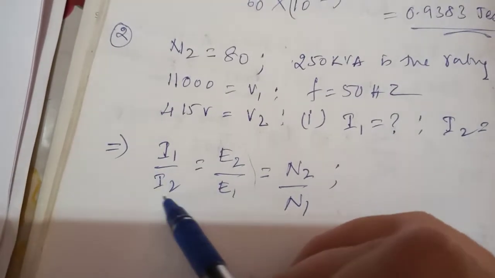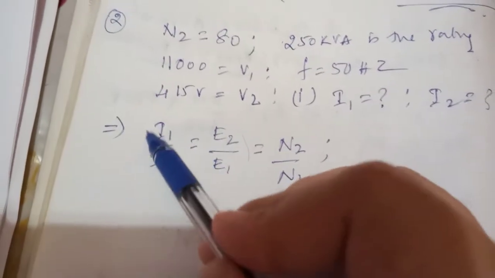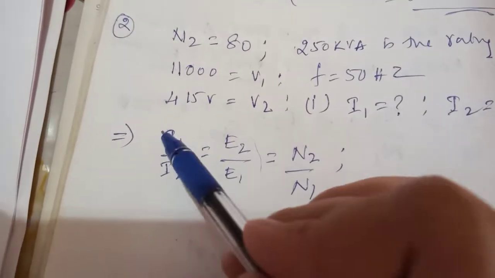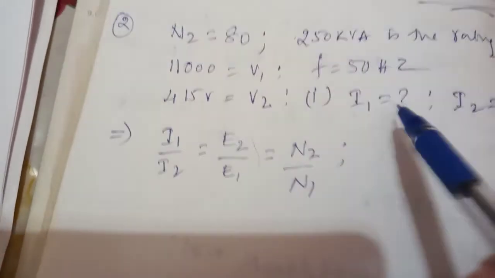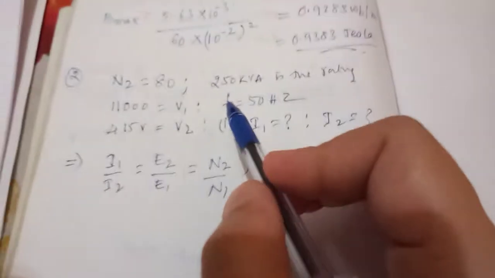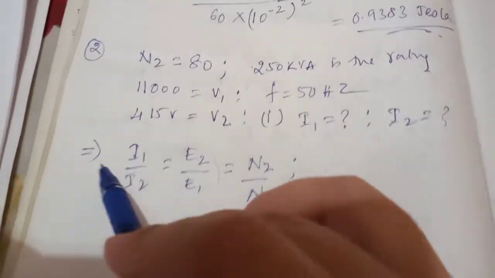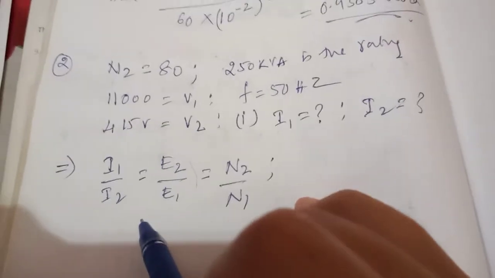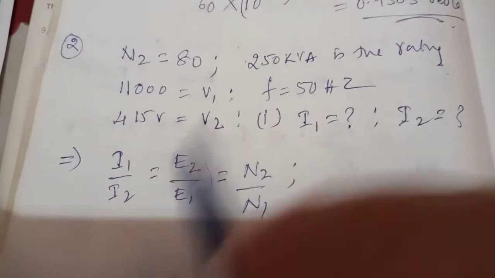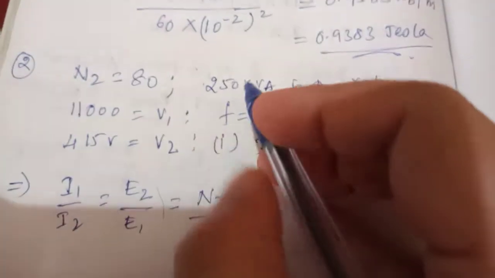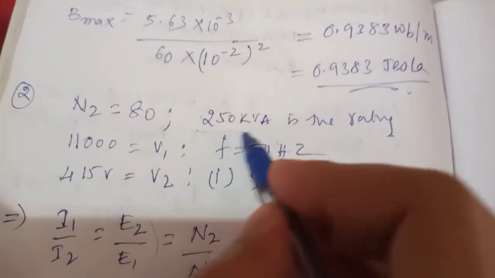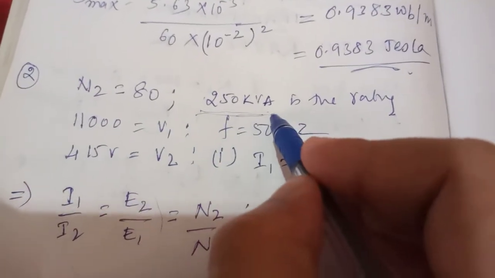But to calculate either primary or secondary current, you should know any one of the currents. By using these given data, it's difficult to calculate either current. For that, there is one more hint they have given: its rating is 250 kVA.